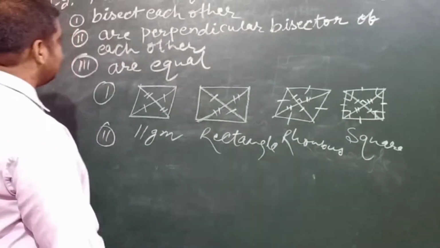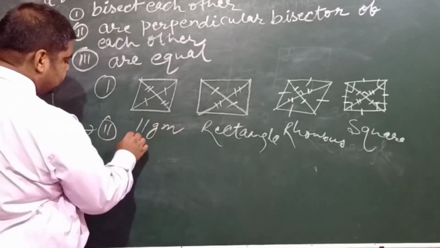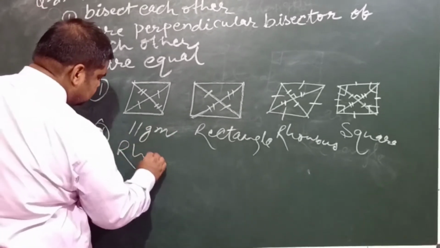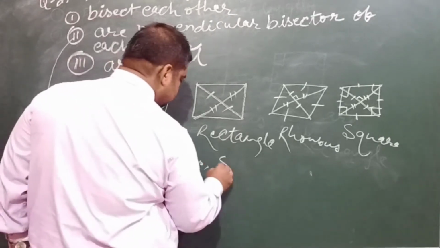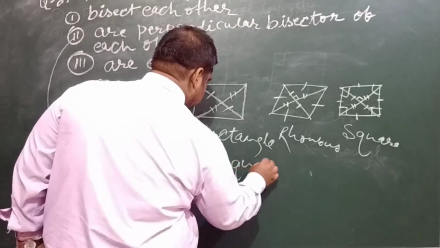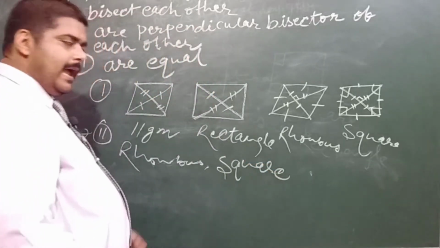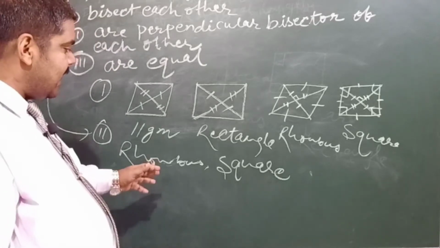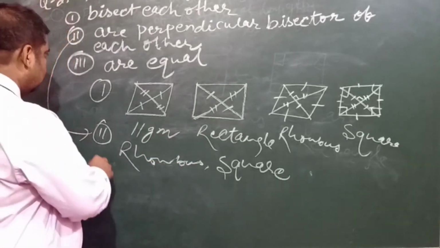And this is why the solution of the second one is two of them: first is rhombus and second you may use a square, because both have diagonals that bisect each other at 90 degrees, meaning perpendicular bisectors.